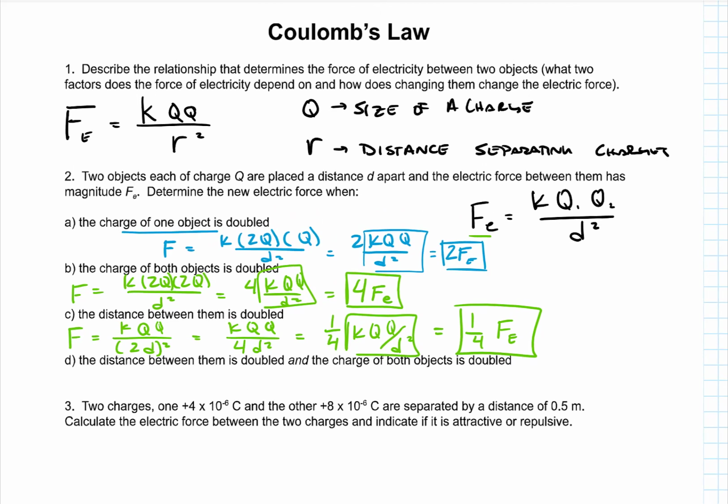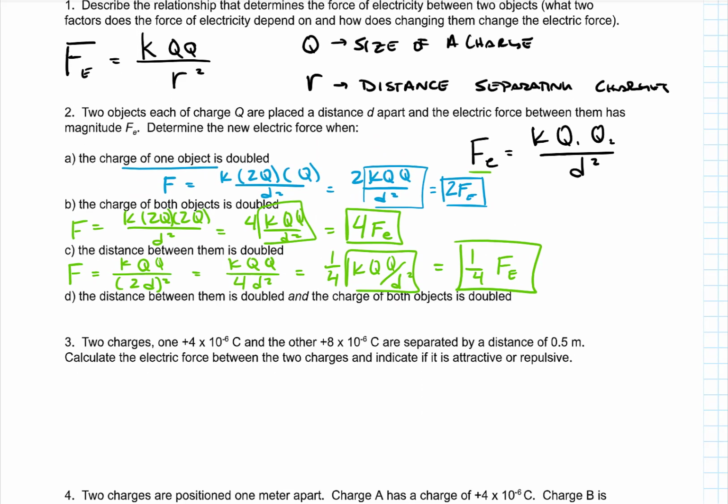So now I'm going to double the distance between them, and I'm going to double the charge on both objects. So when I do that, force is equal to K times 2Q times 2Q over 2d whole thing squared, and that gives me 4KQQ over 4d squared.